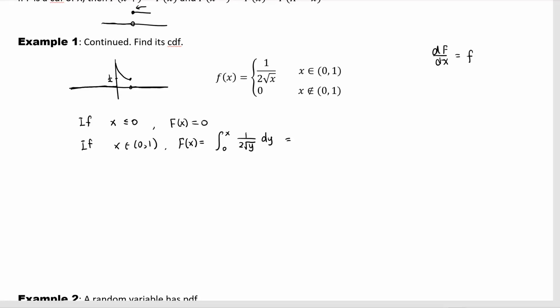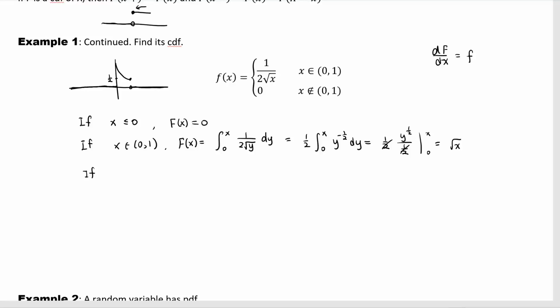That is 1/2 times the integral from 0 to x of y to the minus 1/2. We add 1 to the exponent divided by that exponent, evaluate from 0 to x. That cancels. So we plug in x for y. We have square root of x minus square root of 0, that's square root of x.